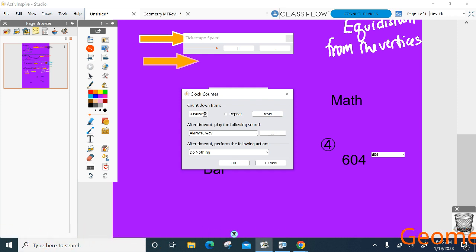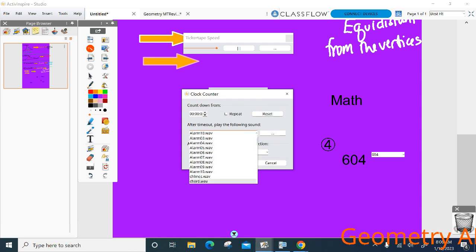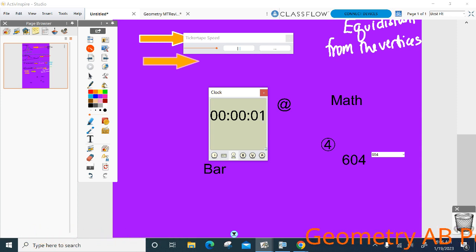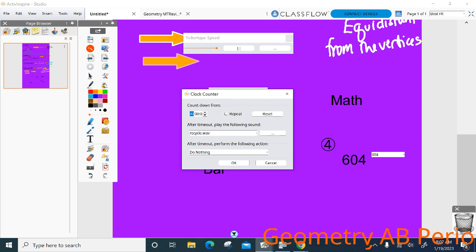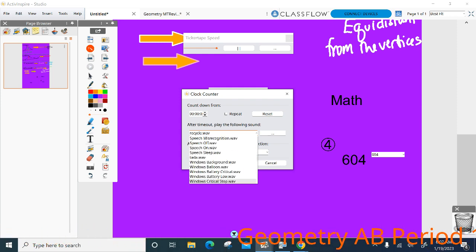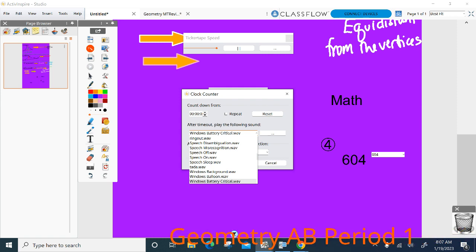Windows battery low. Disappointing. Volume's too quiet.